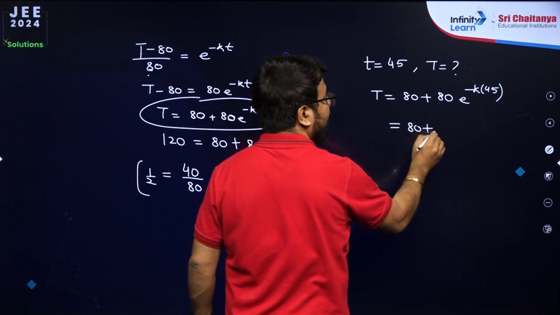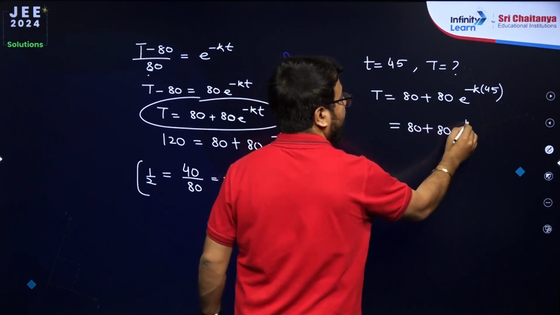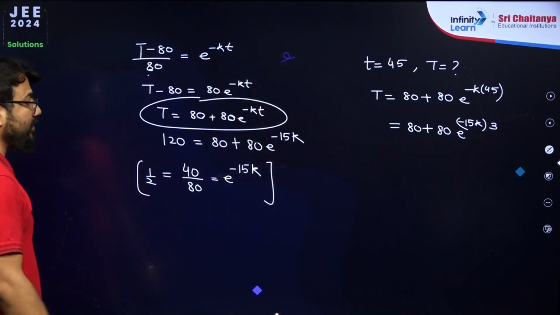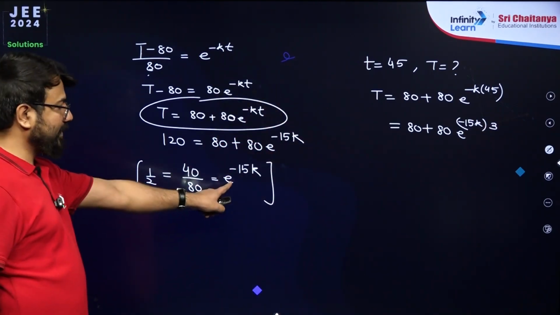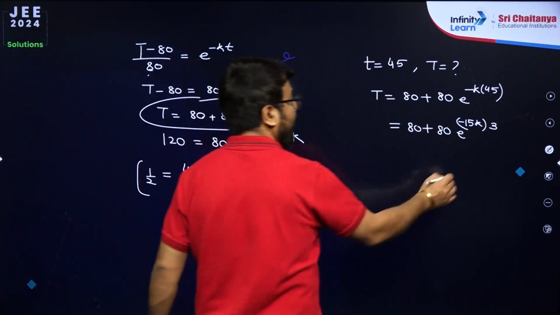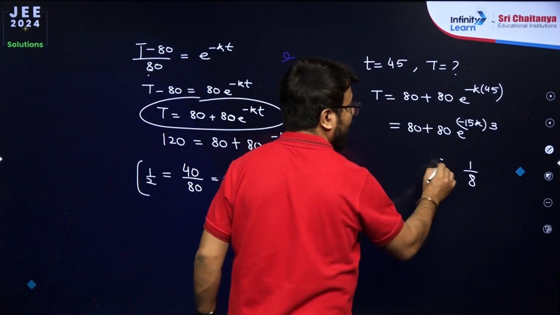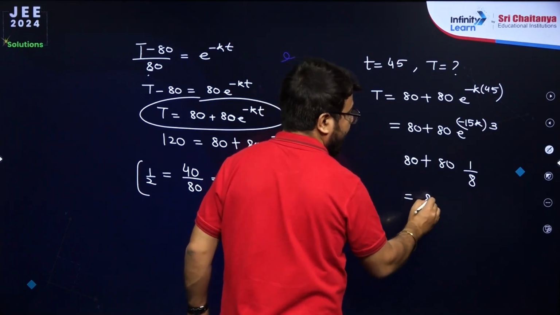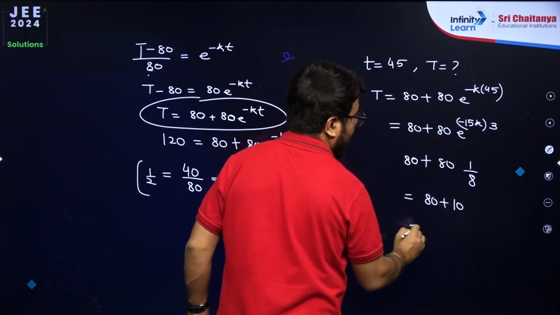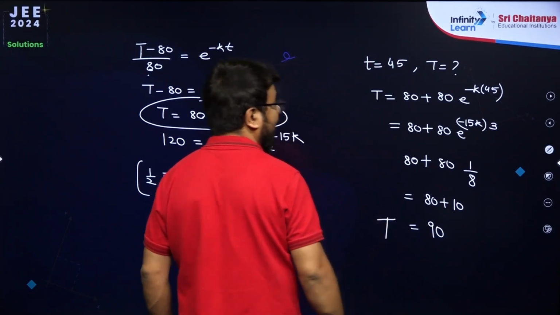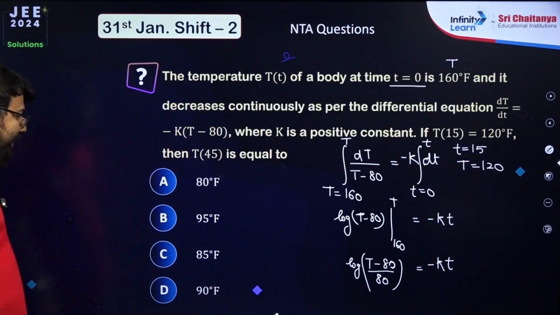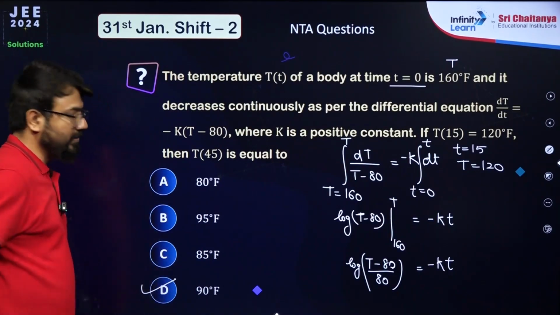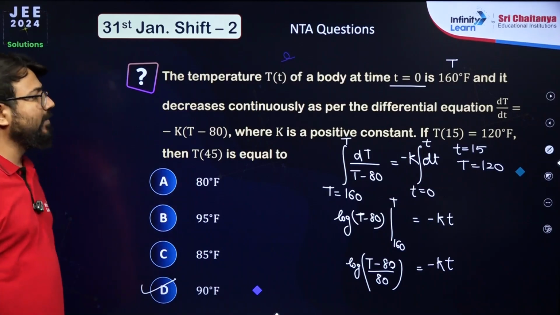This will be 15k times 3, don't you think? 15k times 3 means the whole cube of this expression. So 1 by 2 whole cube is 1 by 8. So that becomes 80 plus 10, and I think the temperature would be 90 degrees Fahrenheit. Is there an option with 90 degrees Fahrenheit? Yes, 90 degrees Fahrenheit is given to us in option D. That is why option D will be the final answer.